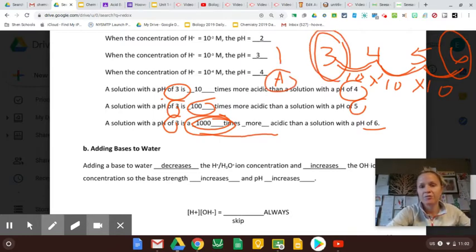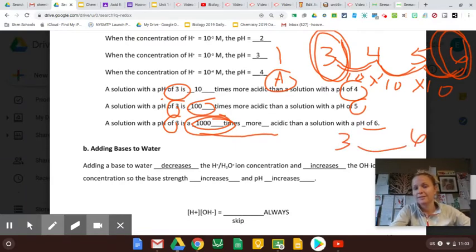So if you're talking about 3 and 6, you would say that 3 is 1,000 times more acidic than 6. If you were talking about 6 versus 3, you would say 6 is 1,000 times less acidic than 3. So just remembering that the closer you are to 1, you're more acidic.